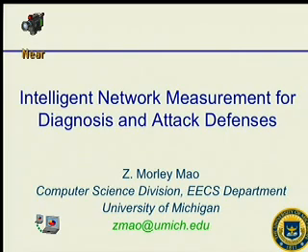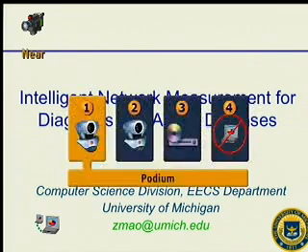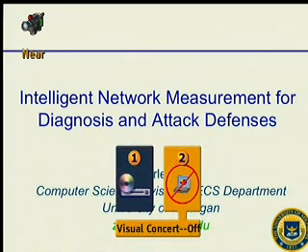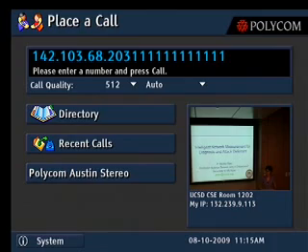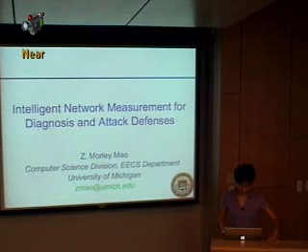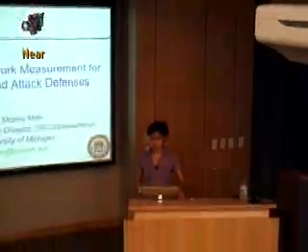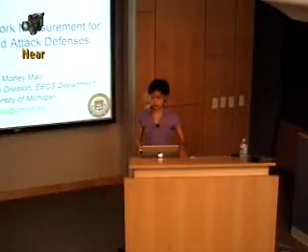All right. It's my pleasure to welcome Morley Mao from Michigan. Morley has been there about 5 years, and works on a lot of topics related to the internet, particularly internet routing and security and measurement.